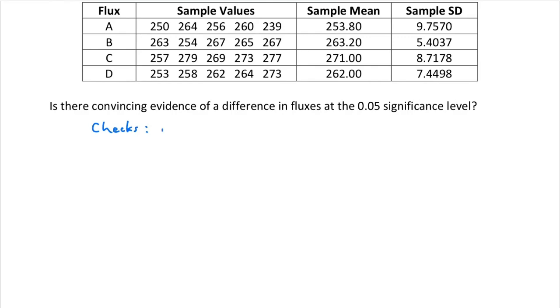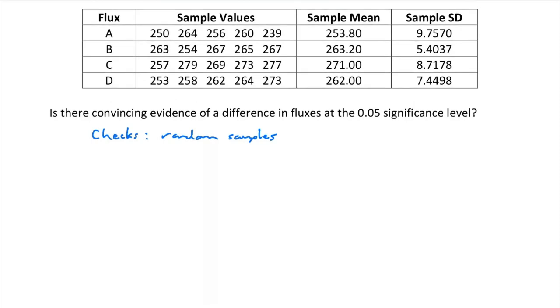So again, we want to make sure that we've got random samples, which we do. If you look at the data in each row, maybe that 239 is a little low compared to the others, but these appear to be approximately normal by just visual inspection.